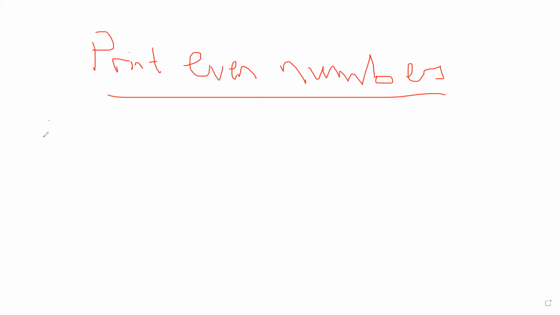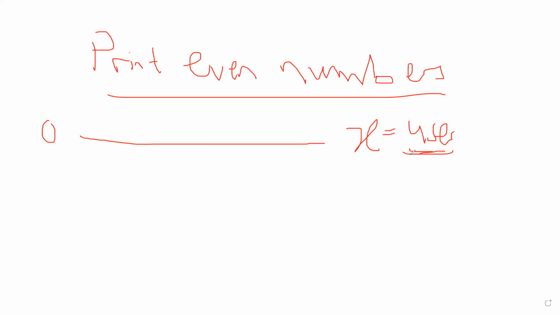from 0 to a certain number x, and this value will be an input from our user, right? So the user will give us the input. Let's say the user wants to print even numbers between 0 and 50, for example.